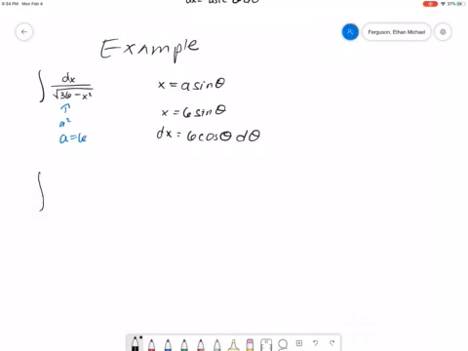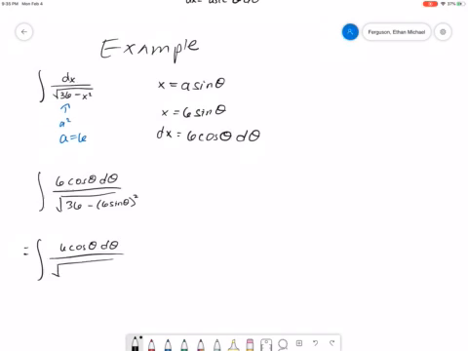So dx, which is 6 cosine theta d theta, all over the square root of 36 minus our x, which is 6 sine theta, and don't forget that is squared. If we simplify the bottom, we have 6 cosine of theta d theta all over the square root of 36, and then I'm going to square this, so you have minus 36 sine squared theta.